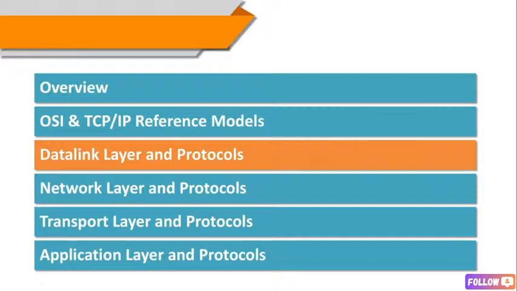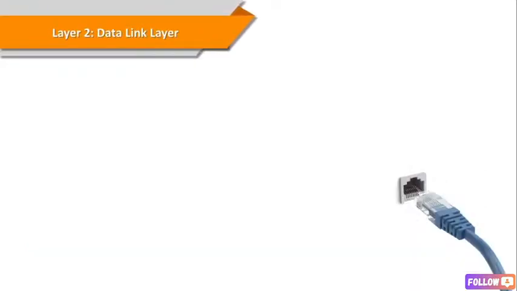data link layer. The data link layer is the second layer in the OSI, Open Systems Interconnection, 7-layer reference model. Now, it responds to service requests from the network layer above it and issues service requests to the physical layer below it, right?